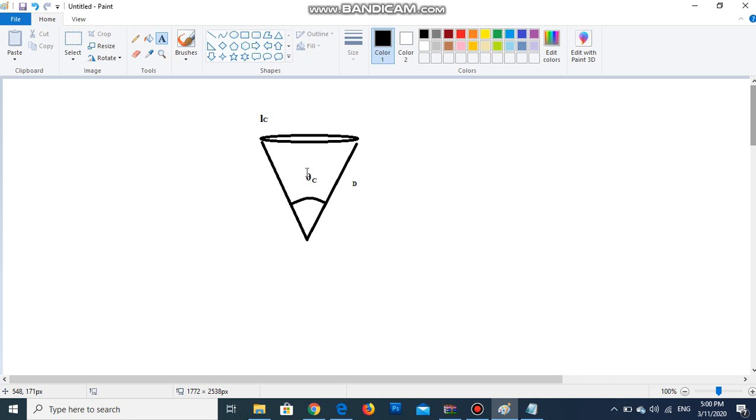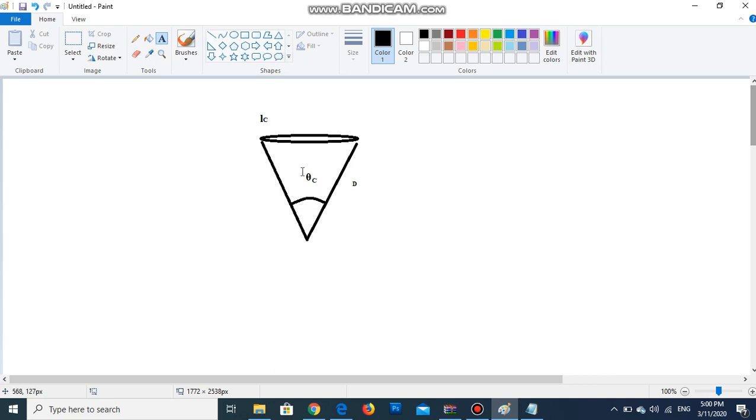Let me say theta. So theta is the angle of the fringe. We call it the angular width of the fringe, and the distance from this point to that point is called the linear width of the fringe. Angular width and linear width.